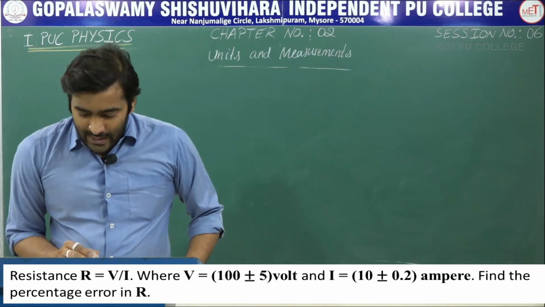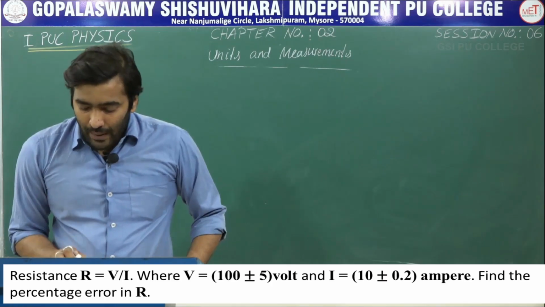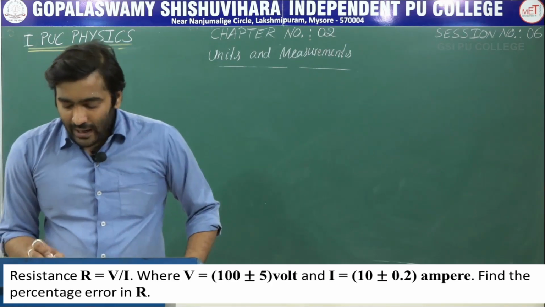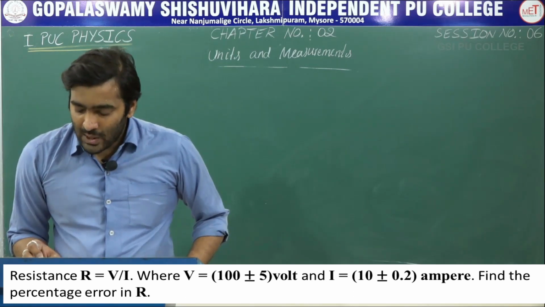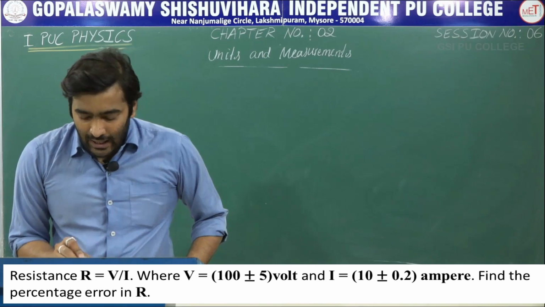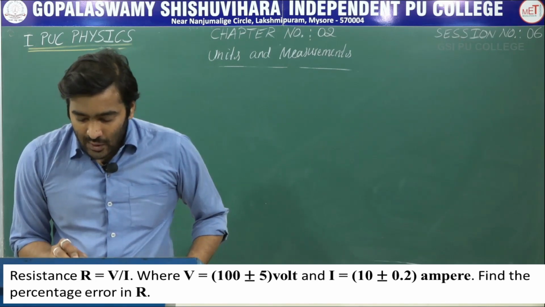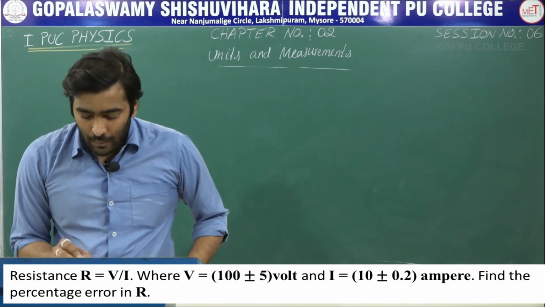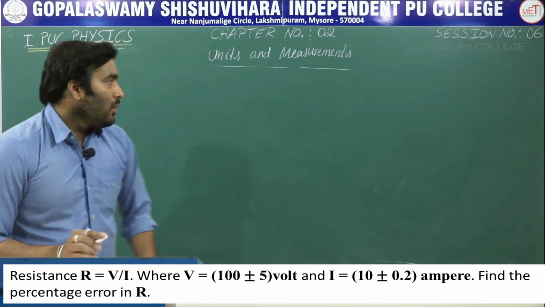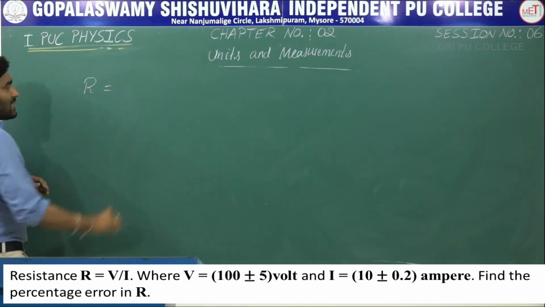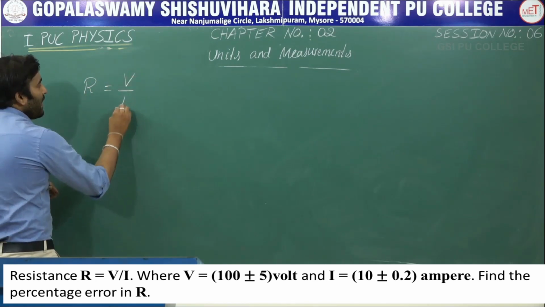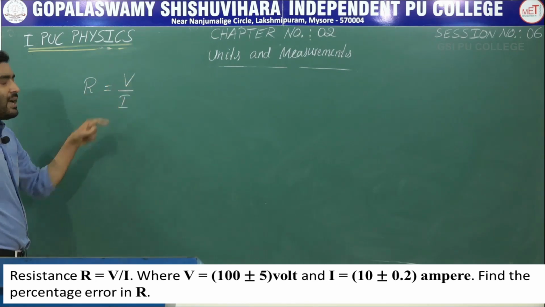Okay, the resistance R is equal to V by I, where V equals 100 plus or minus 5 volt and I equal to 10 plus or minus 0.2 ampere. Find the percentage error in R. They are given that resistance is equal to V by I, voltage divided by current.